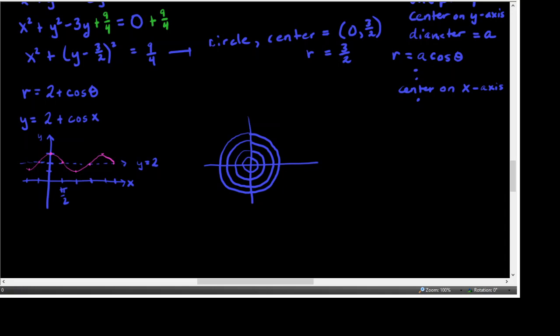At 0, the answer is 3, so go out to 3 there. Pi over 2 is 2, so at pi over 2, we're at 2. And in between those two places, r is just getting smaller, so the point is getting closer and closer to the pole, like that, sort of. And if it's not perfect, don't worry.